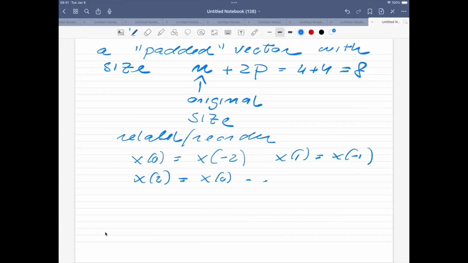Then we can rewrite the formula which we had. This y of i here is now going to be given by the following expression up to k equal m minus 1. So m is the dimension of the smallest vector, which was the lowest polynomial in this case. And we would simply rewrite this as an x of i plus m minus 1 minus k multiplied with this w of k.